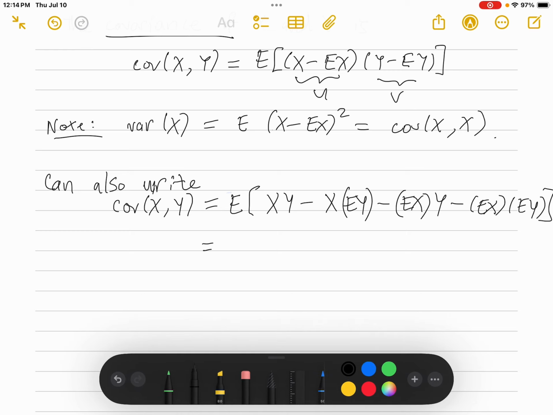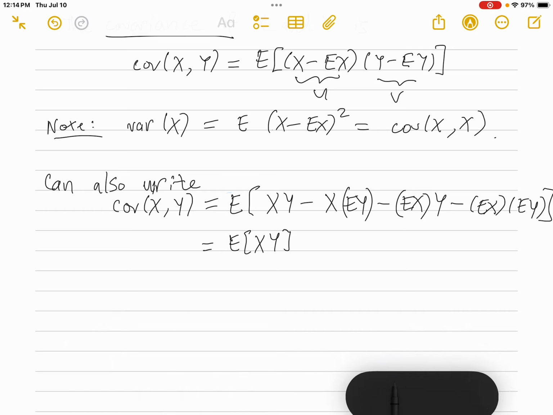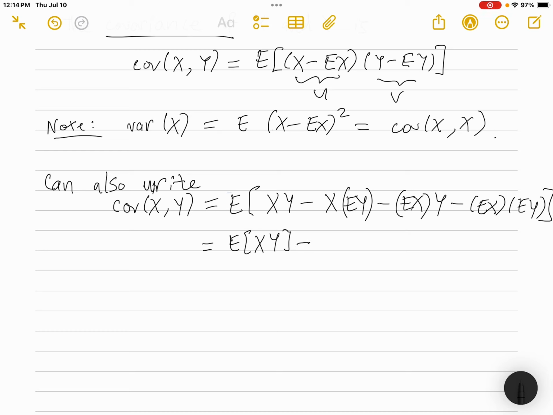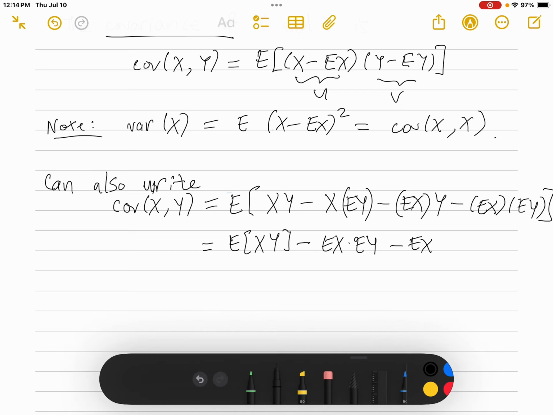And this is going to equal, by the linearity of expectation, the expectation of xy minus the expectation of x times the expectation of y minus the expectation of x times the expectation of y. Oh, sorry, there's a plus here, and then plus the expectation of x times the expectation of y.